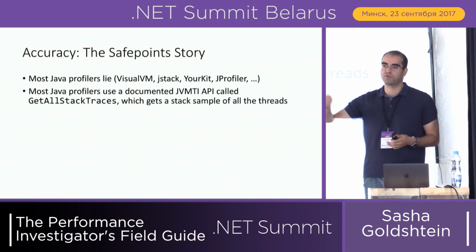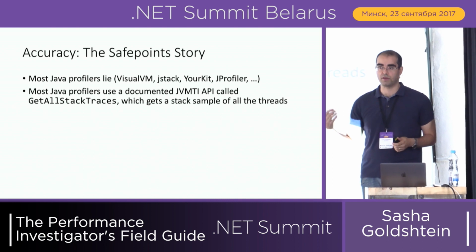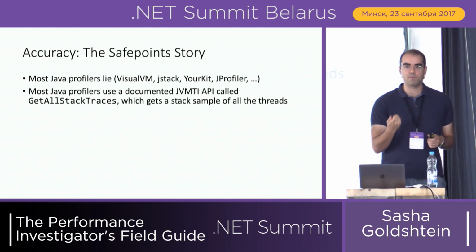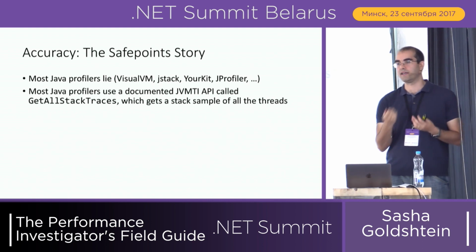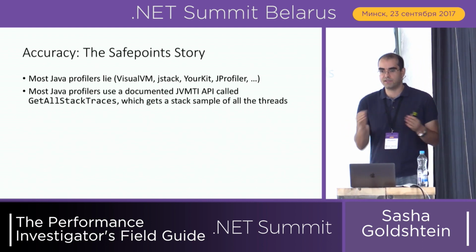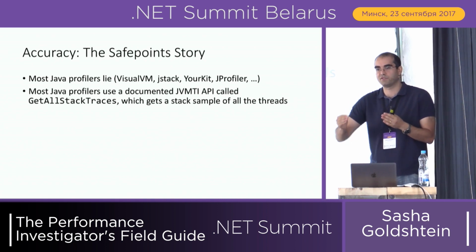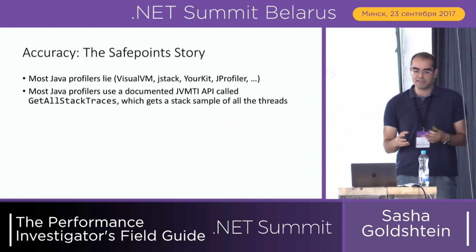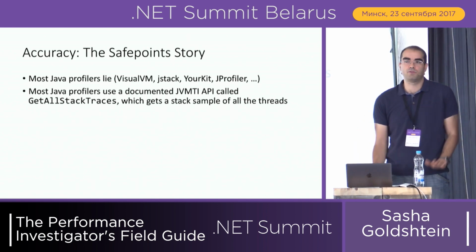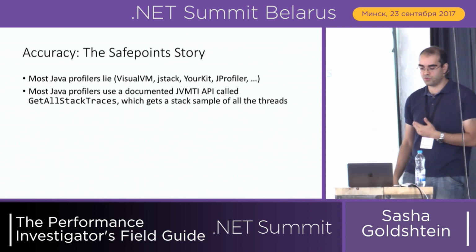They stop all threads to see what they're doing a certain number of times per second, but the way they stop the thread introduces bias. So the thread isn't stopped whenever it is, it's only stopped where it reaches a certain safe point.